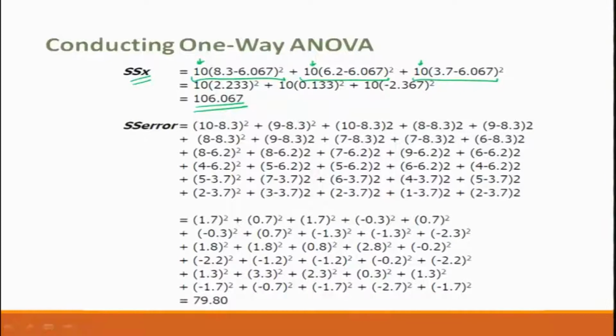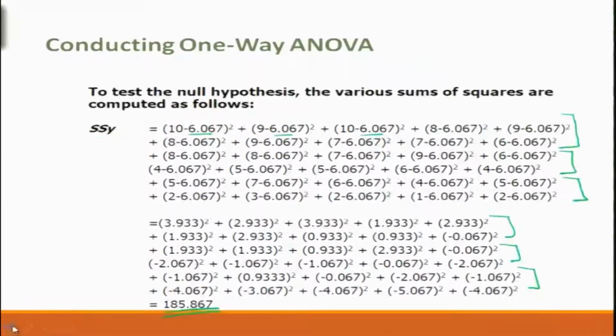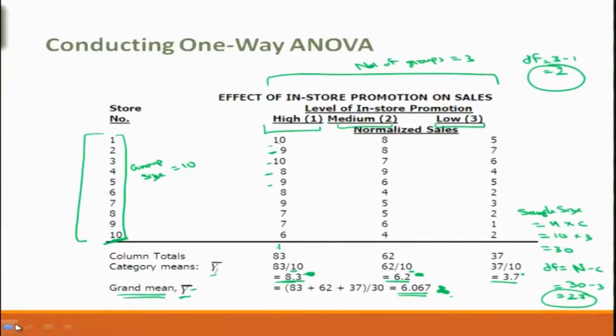So, we have taken it for all the values, you can see between. SS error is again about the category mean. Here it is for category 1, that is high level, 8.3: the difference of this mean from the elements, 10 minus 8.3, 9 minus 8.3, 10 minus 8.3 whole square, 8 minus 8.3 whole square, and so on.